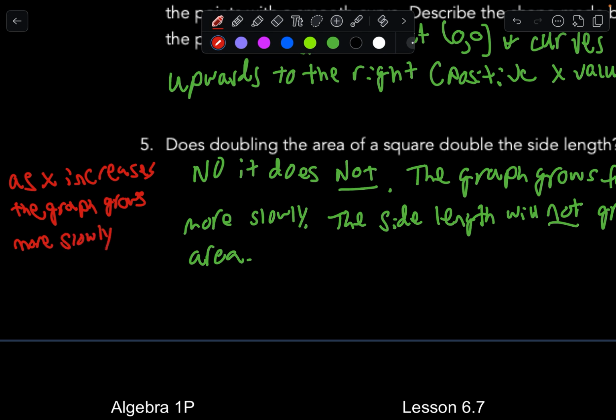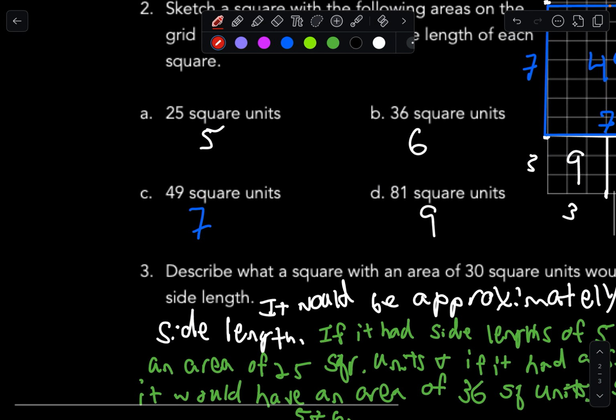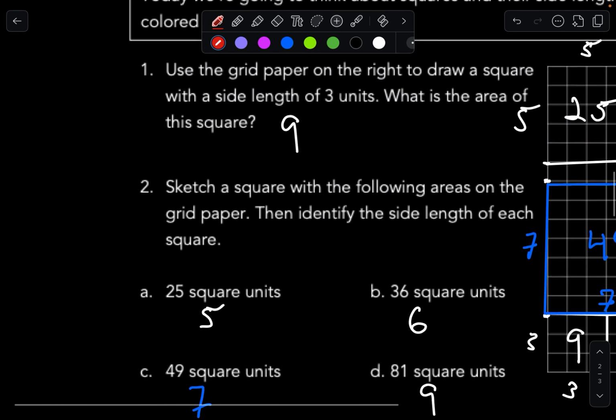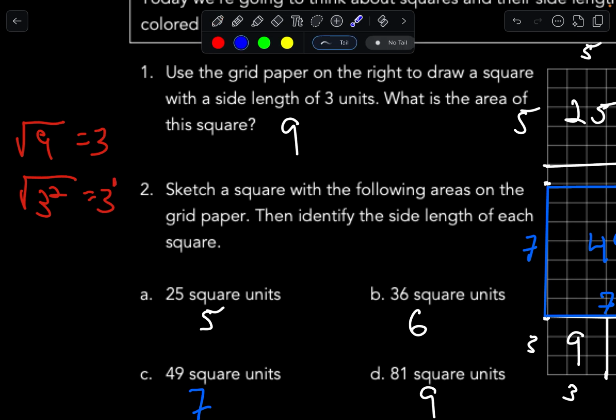So over here, side length 3 units, that means the square root of 9 equals 3, but 9 is 3 squared, so the square root of 3 squared equals 3, and that's 3 to the first. So you see the square root undoes the squaring. They cancel out.